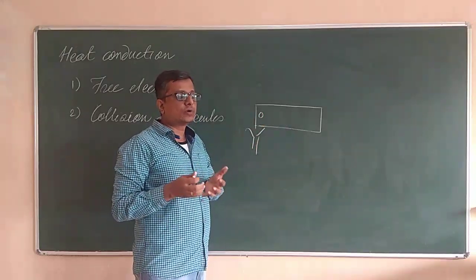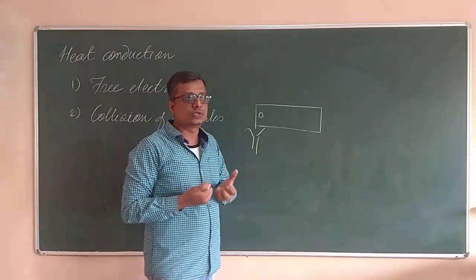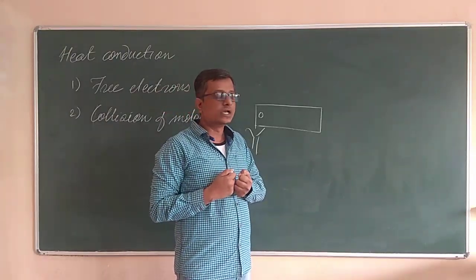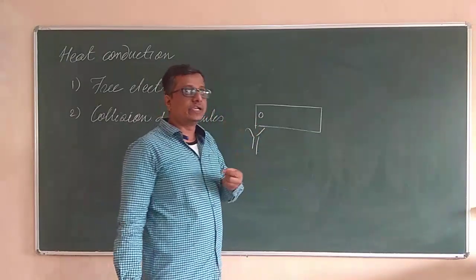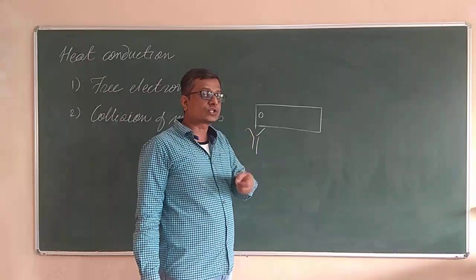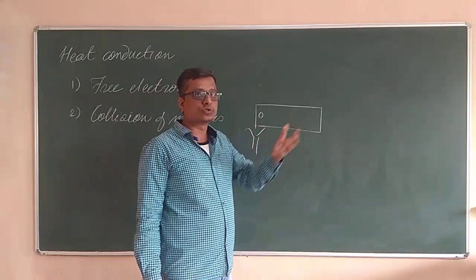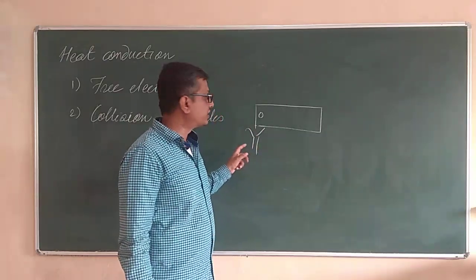Now the metallic rod absorbing the heat means what exactly? Who is absorbing that energy and storing it nearby? It is not the molecule, it is not even the atom, it is basically the electrons which are revolving in the orbit, probably the outermost orbit. Now this I am talking about only for conductors, not for insulators.